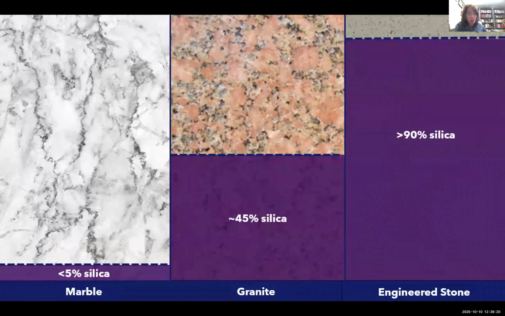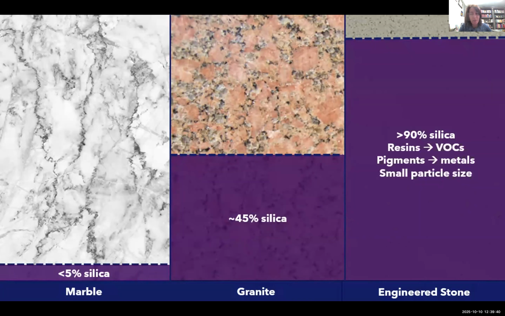This slide shows you how engineered stone's silica content compares to that of the natural stones that it's often meant to mimic or replace. It has much higher silica content than, for instance, marble or granite.